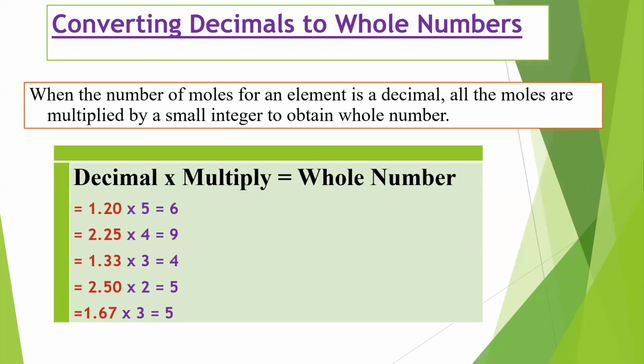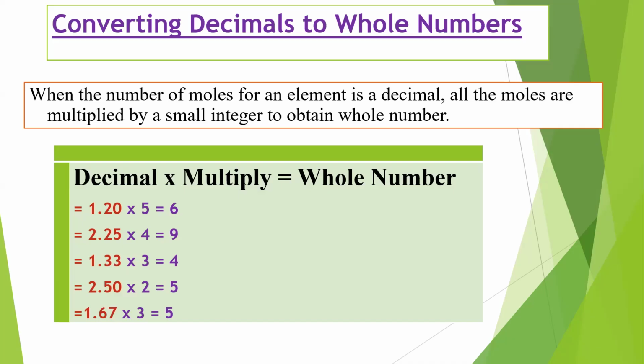So finally, I would like to say how we are going to multiply with a number for a decimal. If you get 1.2, then you have to multiply with 5 to get a round figure, 6. If it is 2.25, give some importance to that 0.25, then multiply with 4. If it is 1.33, multiply with 3, you will get 4.